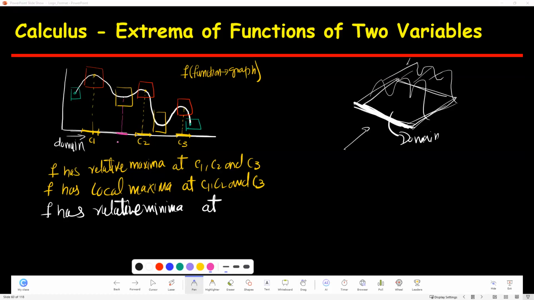I'm going to call this C3, C4, and this one is C5. And I make this little area. Okay. So local minima, relative minima, is at C3, C4, and C5.